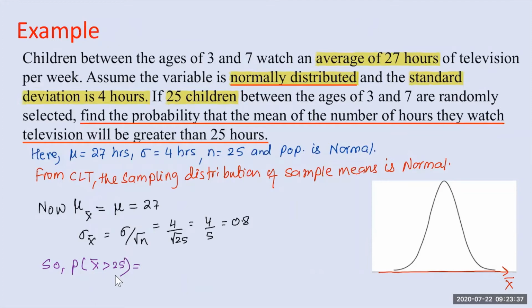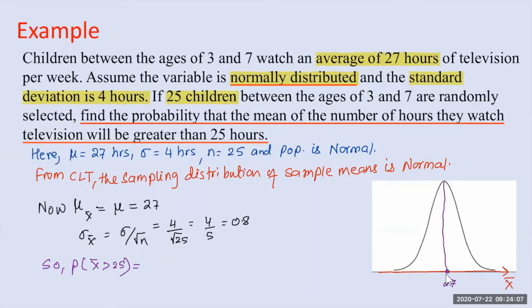As we are working on probability for a normal distribution, you must have a labeled graph. So we are going to label this. In the middle, you have your mean, which is 27. Your standard deviation is 0.8, but we want the average to be greater than 25.